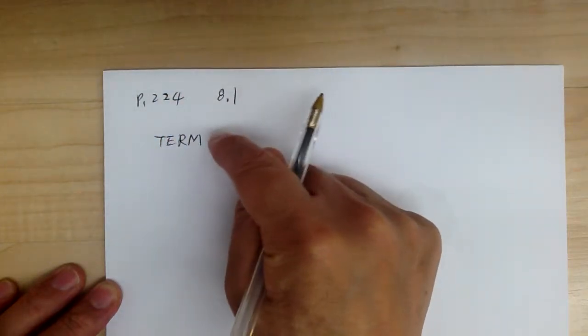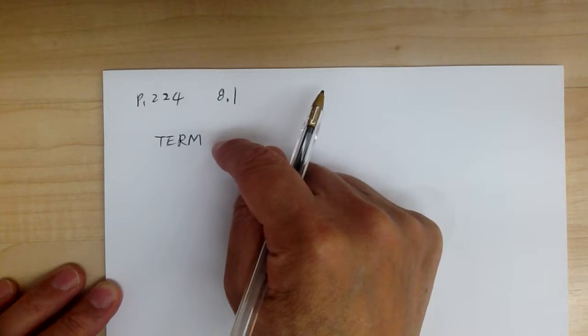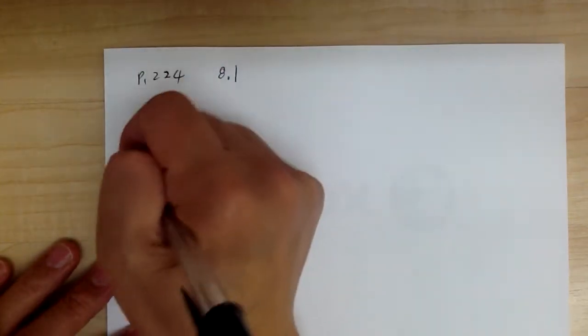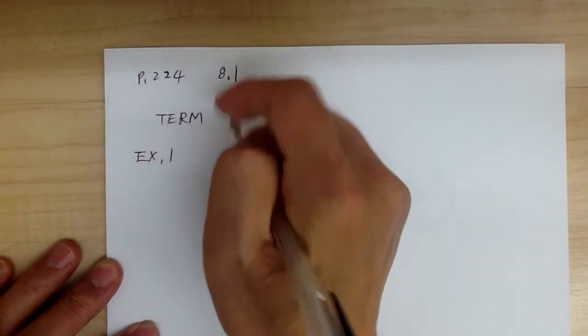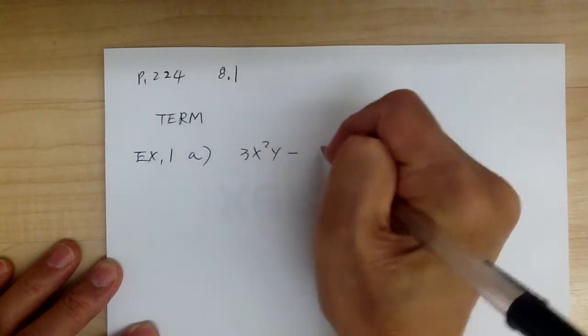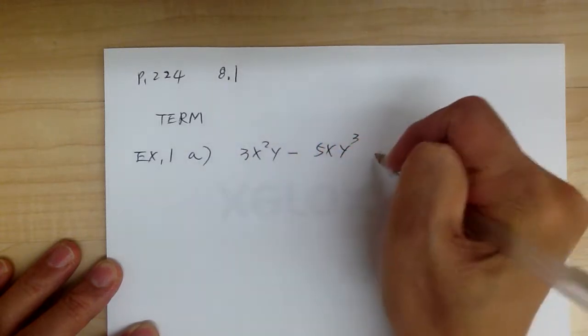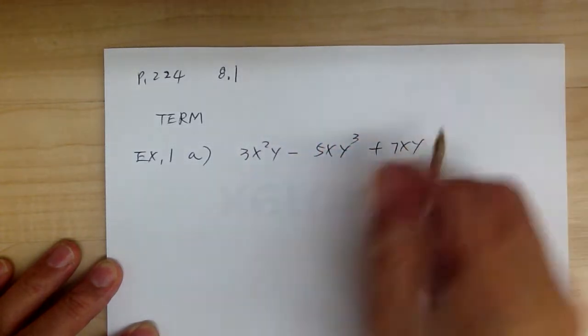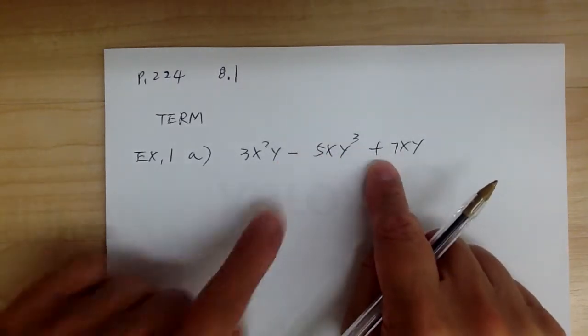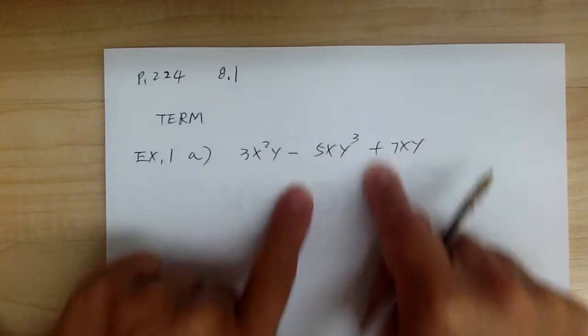In a polynomial, a term is determined by addition or subtraction signs. If you look at example 1A, you have 3x squared y minus 5xy to the 3 plus 7xy. So you have addition or subtraction, and those are used to separate the terms. When you see addition and subtraction, those are like partitions.